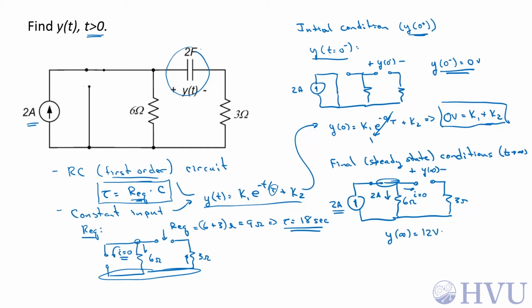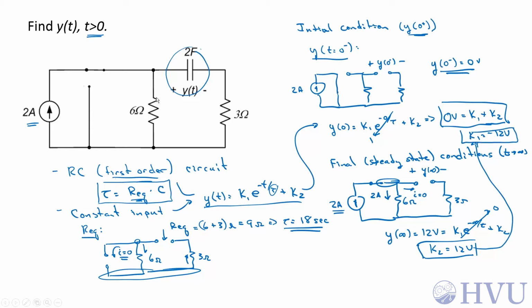From the form of our solution, this is k1 e to the minus infinity over tau plus k2. E to the minus infinity is 0, so k2 is equal to 12 volts. If I use that up here, that means k1 is equal to negative 12 volts. Now we just need to plug the numbers into our solution.